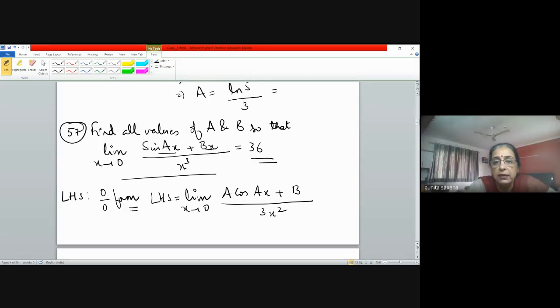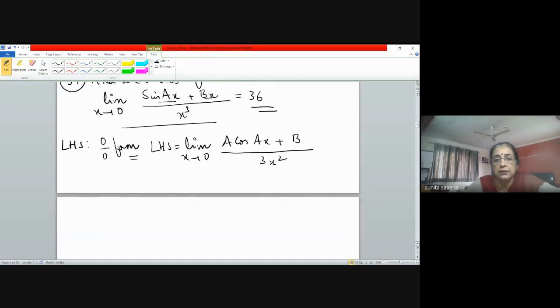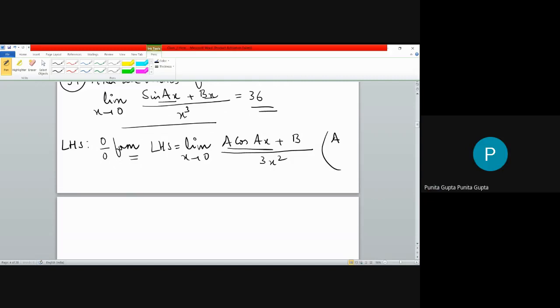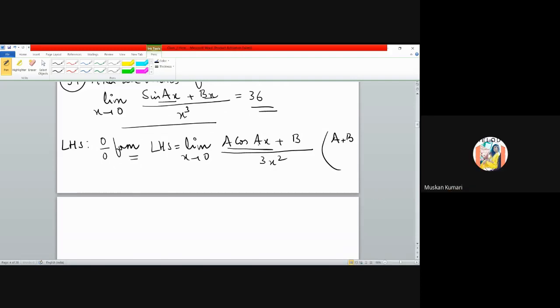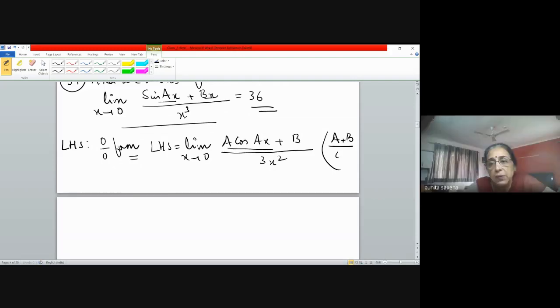Now, if I take the limits here as x approaches 0, so as x approaches 0, this term becomes what? a. Okay, now, there is no x here, and so as x approaches 0, it still remains b. So it becomes a plus b by 0.